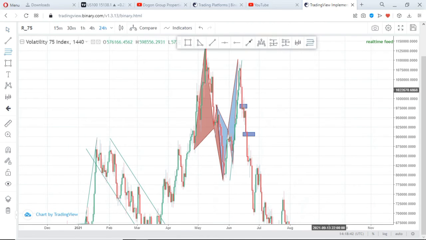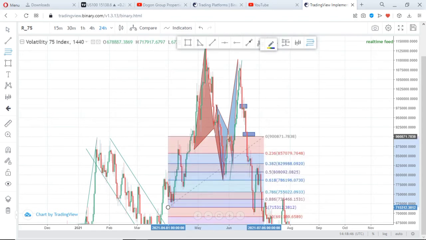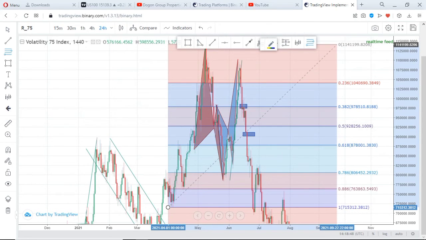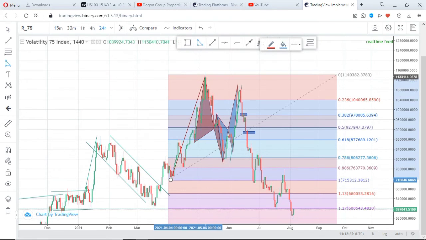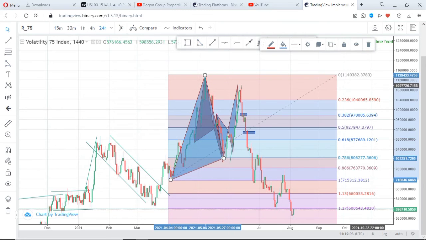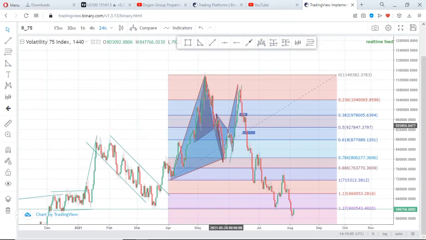Okay, let's check. I already explained on this one, which is our butterfly pattern. That's taking you to 78.6 as our retracement. Let me draw it again so that you can remember what we're talking about here. Came back to where? To 78.6.